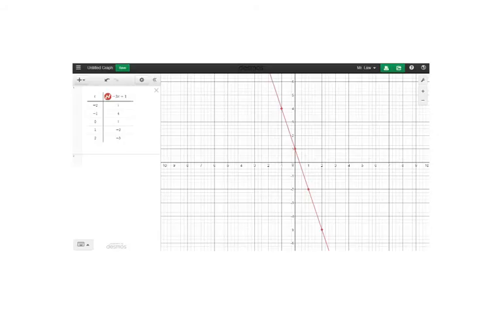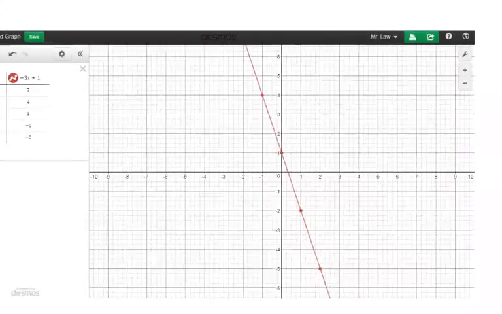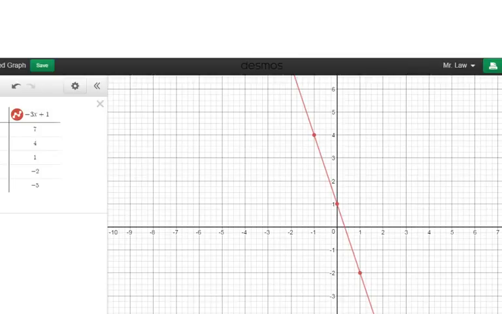In our second example, we want to figure out the equation of this line by just looking at the graph. Let's determine the y-intercept first. As you can see, the line intercepts the y-axis right here.